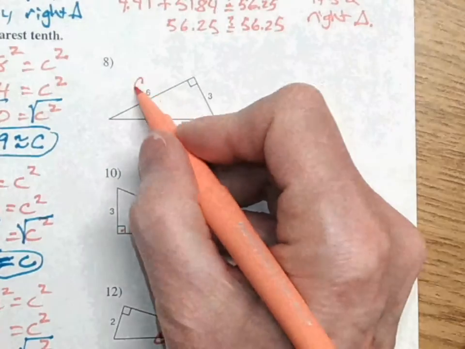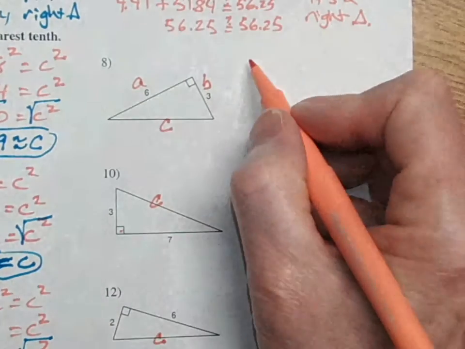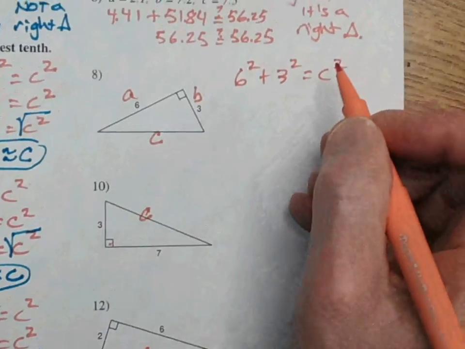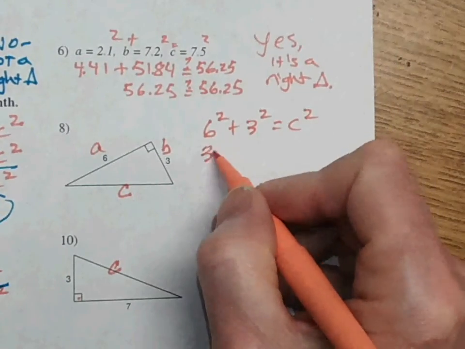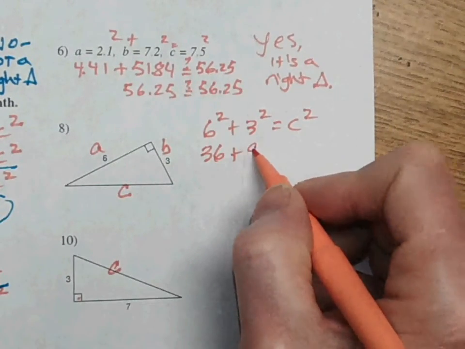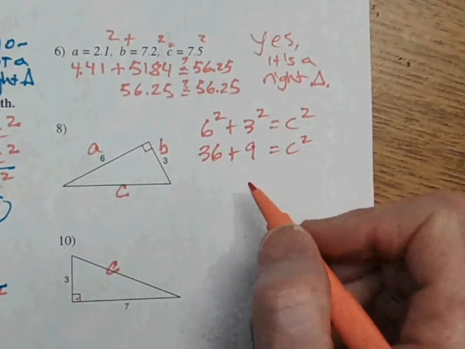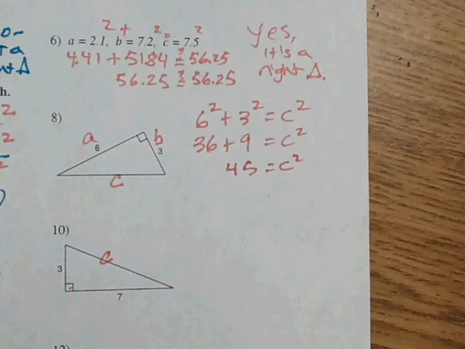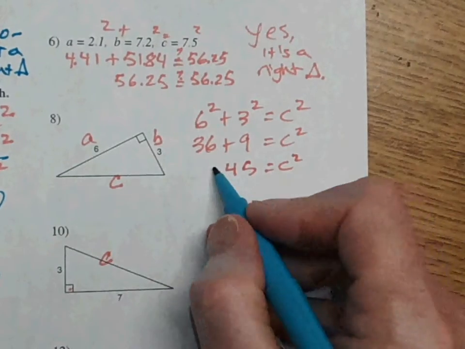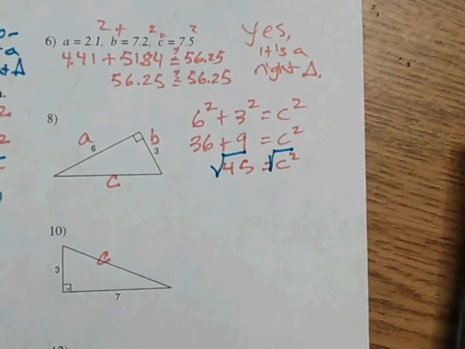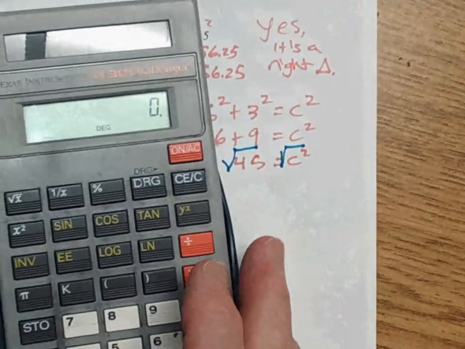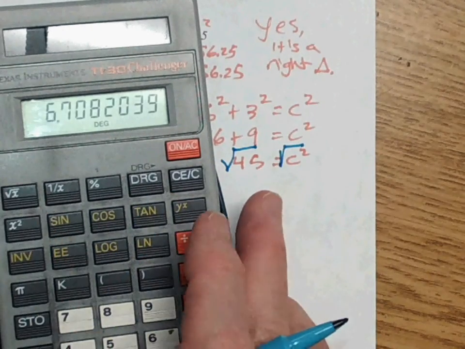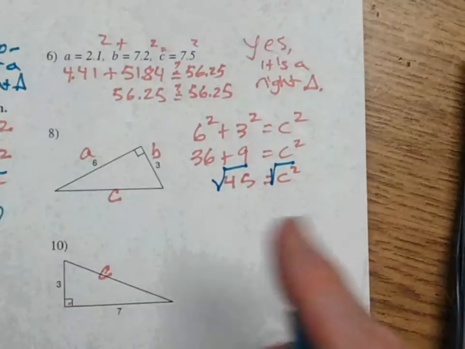Okay, so we have A, B, C. 6 squared plus 3 squared equals C squared. 6 squared is 36. 3 times 3 is 9. 36 plus 9 is 45. When I take the square root, I know I'm going to get a number between 6 and 7. Let's see what we get. The square root of 45 is about 6.7.